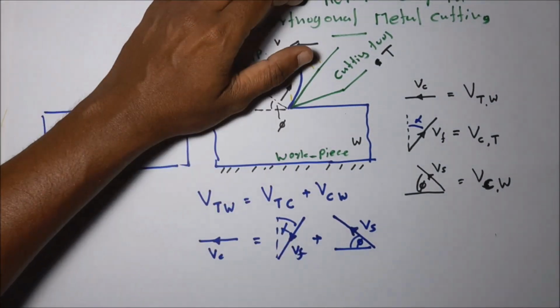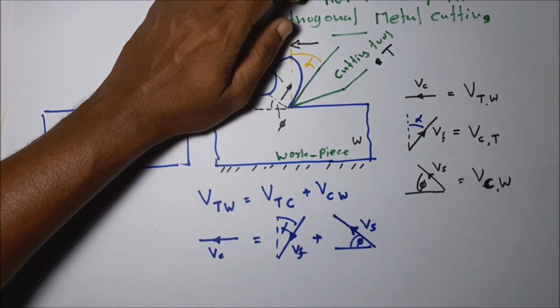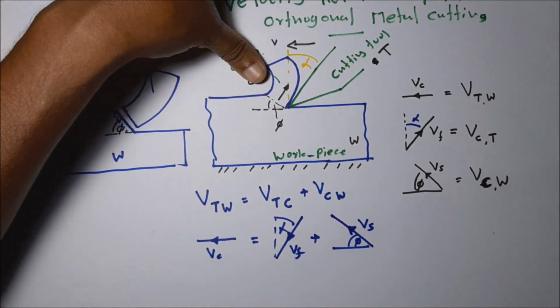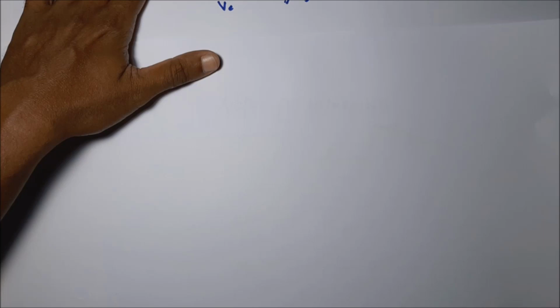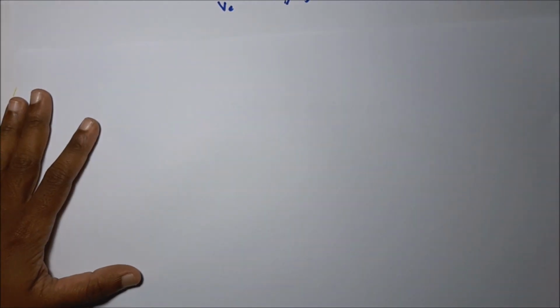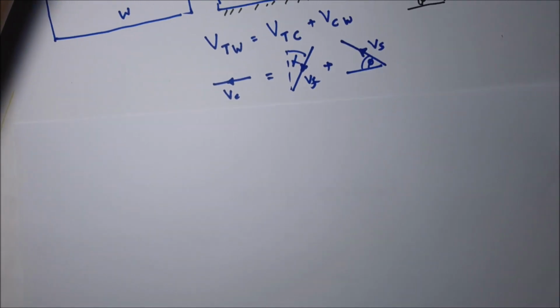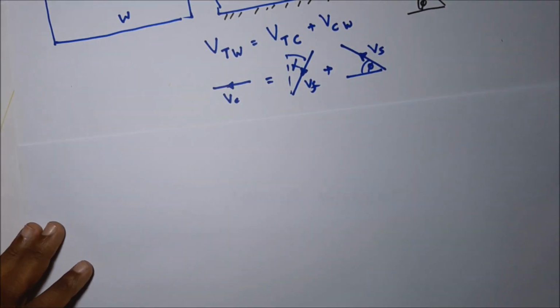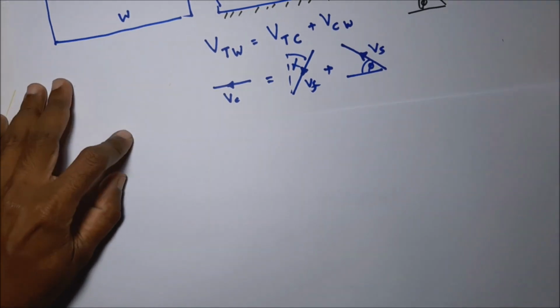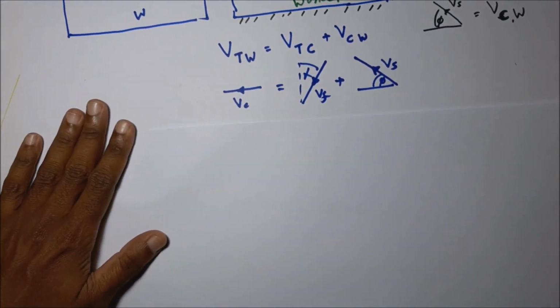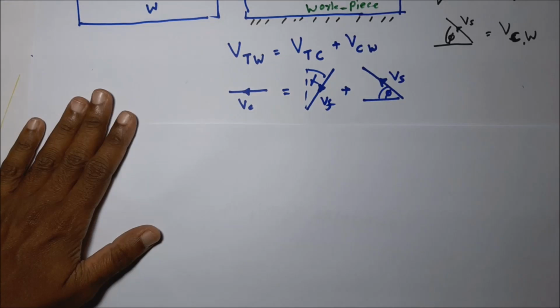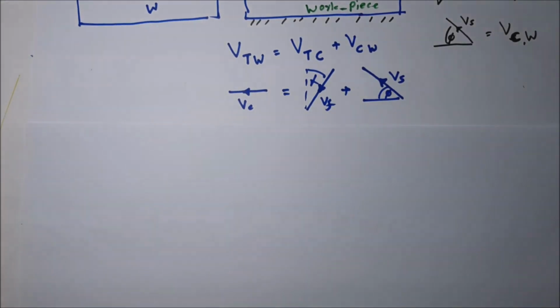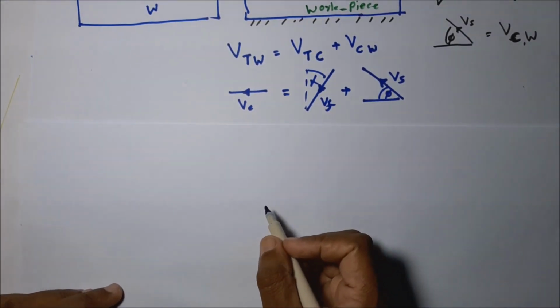Then using this vector addition, we can represent it on a relative velocity triangle. Let's see how to represent it.